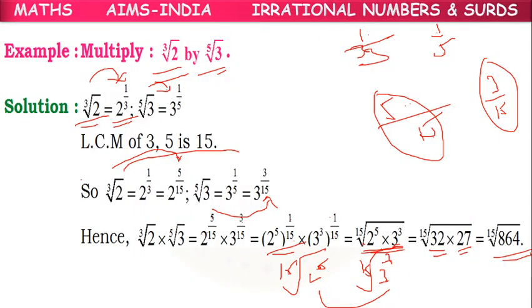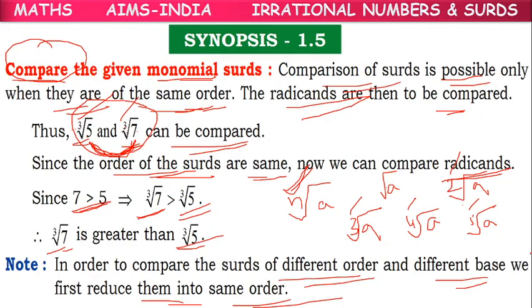Okay, children, what have we learned today? Comparison of monomial surds. Comparison of surds is possible when the surds are similar. Similar surds means they should have the same surd, same order, and same rational number inside the root. Only their multiples are different. Then we can compare them.